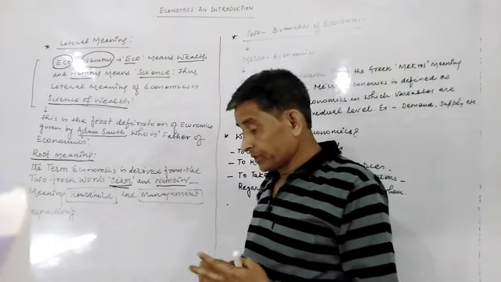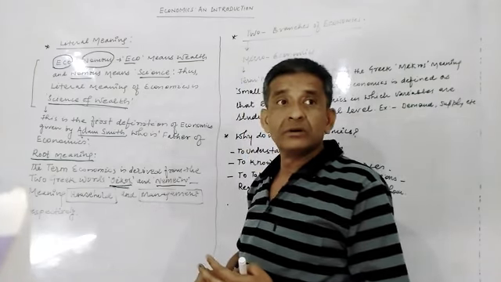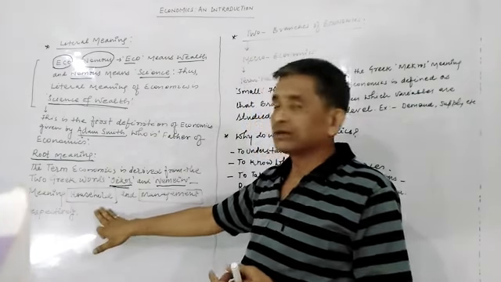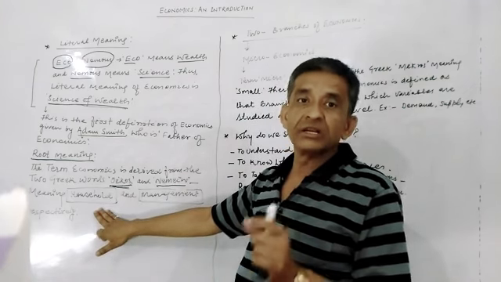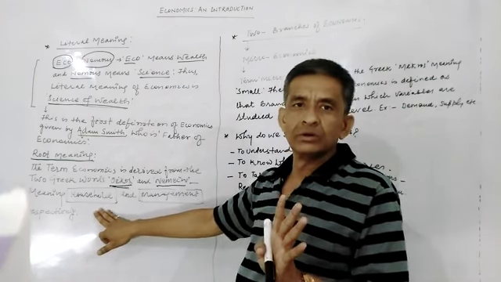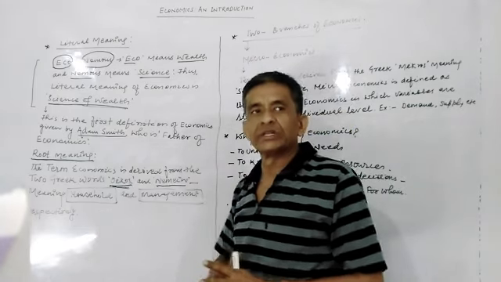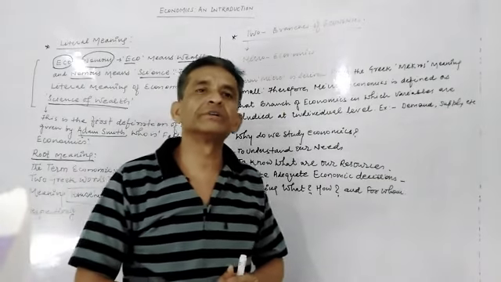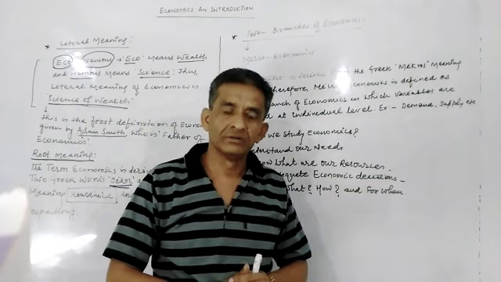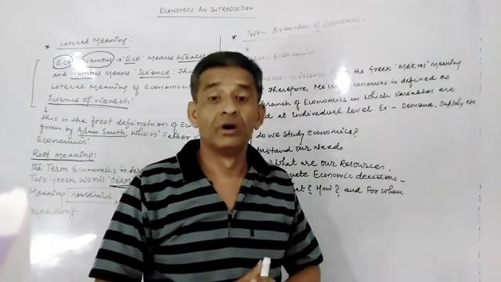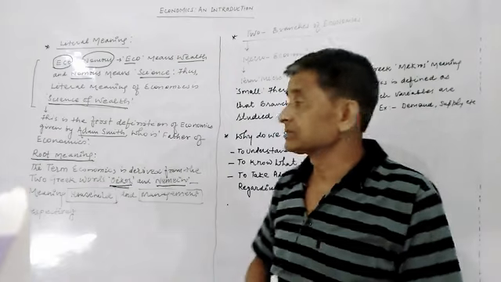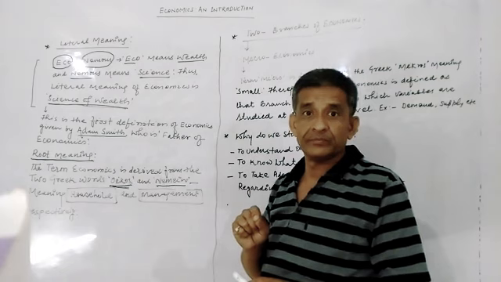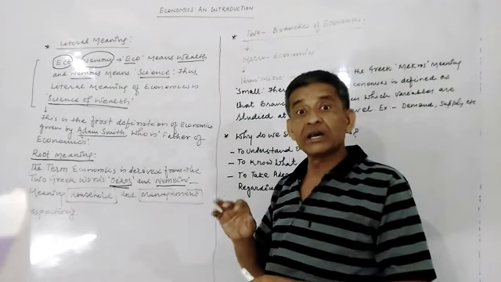Like you all know that household, who is the owner of factors of production, has limited resources. Not only household, each and every economic unit, whether they are households or producers, they have limited resources. That is why we used to tell you in our classes that human resources are limited and our needs are infinite.